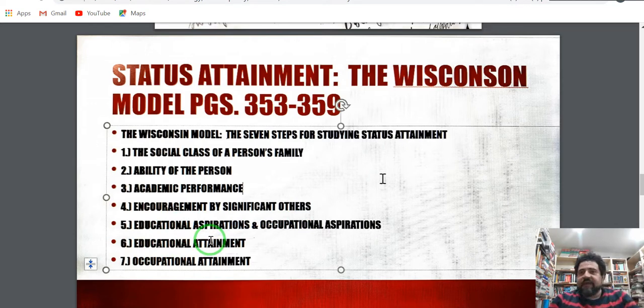There are a lot of students I have at Bronx Community College who say they want to become medical doctors. They have aspirations, but if they don't perform well in the classes you need to perform well in, biology and math and chemistry, they're not able to have the educational attainment.